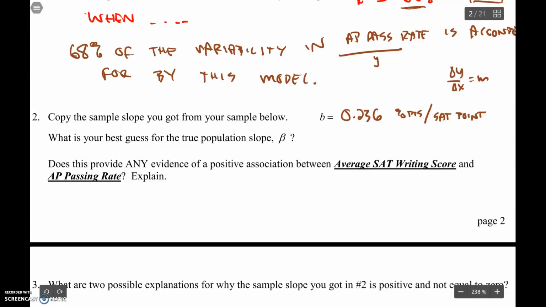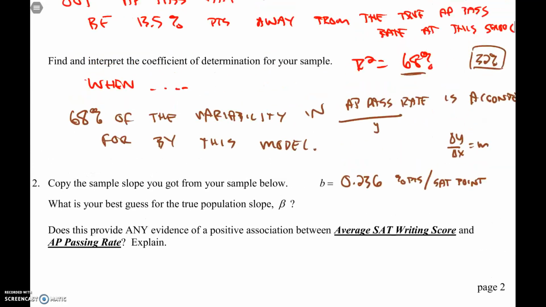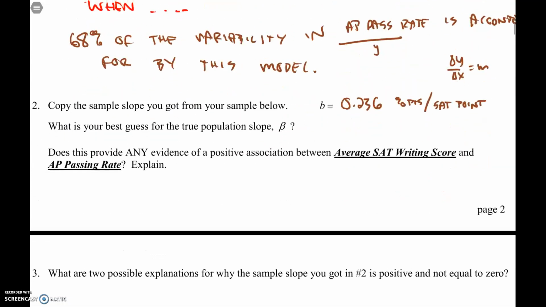Basically, for every one SAT point the school goes up on average, their percent passing rate goes up by 0.24%. What's your best guess for the true population slope? Well, my best guess would obviously be the only guess I have. This is the only information I have, so that's my best guess for beta. Now, I know it's probably not exactly the right value, but hopefully it's going to be pretty close.